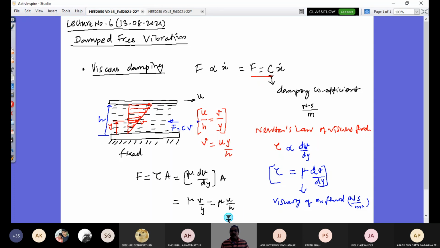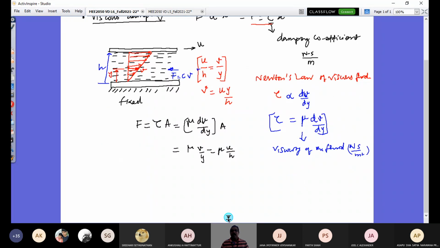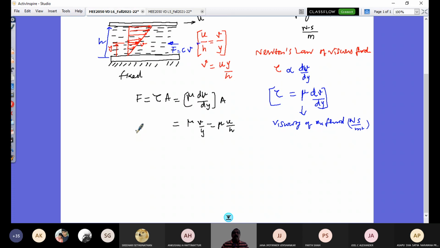I can rewrite this expression. We have to be careful here, right? This is linearly varying. So in the topmost layer, the velocity of the plate is given by v into h by y.